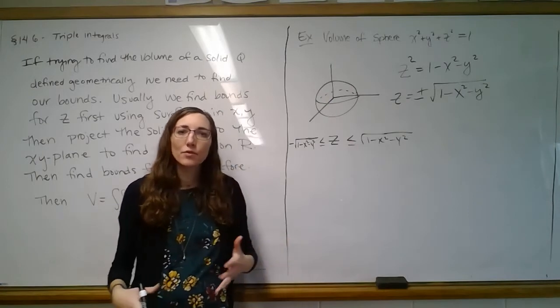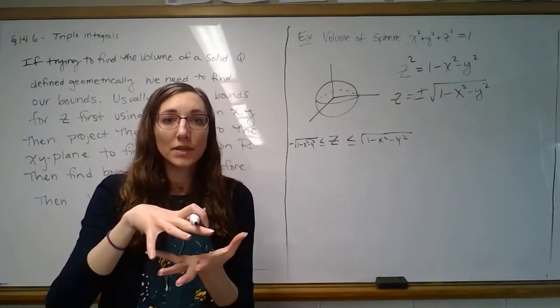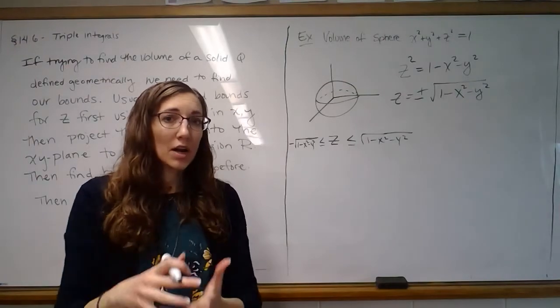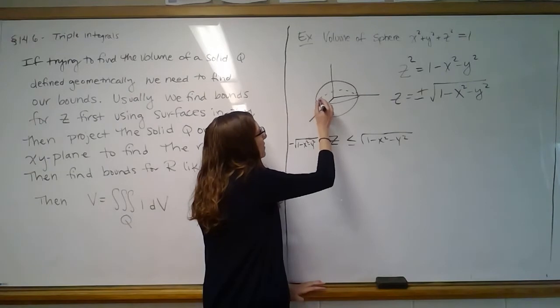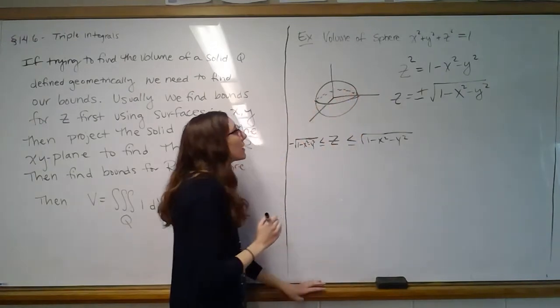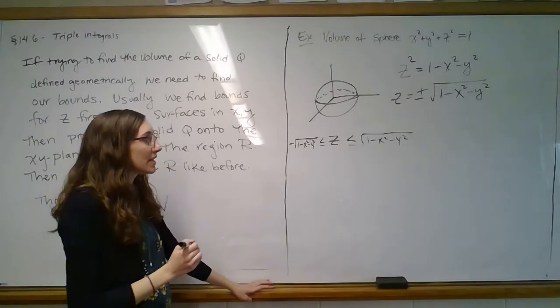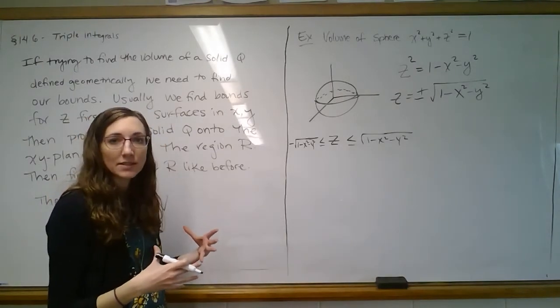Now, what we have to think through is, what region in the xy plane is all of this being looked at over? So for this one, what we can kind of picture is where those 2 surfaces meet. We can see where it actually intersects the xy plane, and that's the widest part of this particular solid.